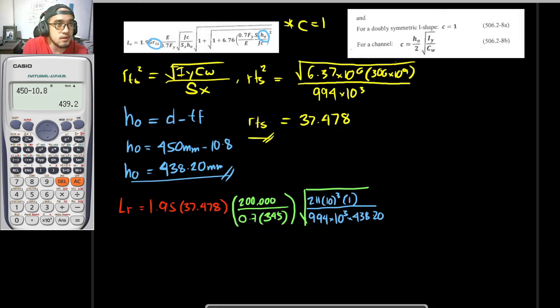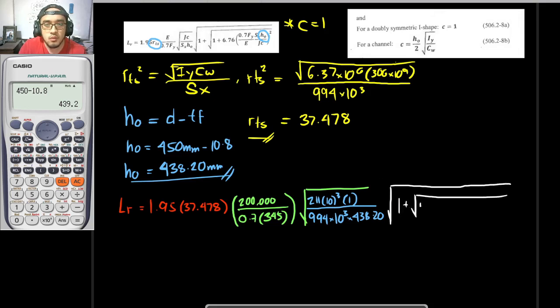After that, times the square root of 1 plus the square root of 1 plus 6.76 times the quantity 0.7 times 345 divided by 200,000 times 994 times 10 raised to 3 times 438.2 divided by 211 times 10 raised to 3 times 1.